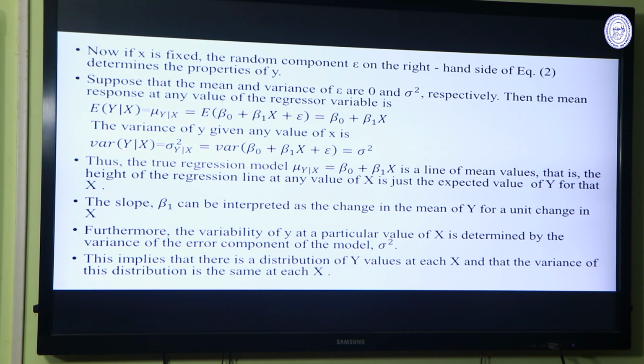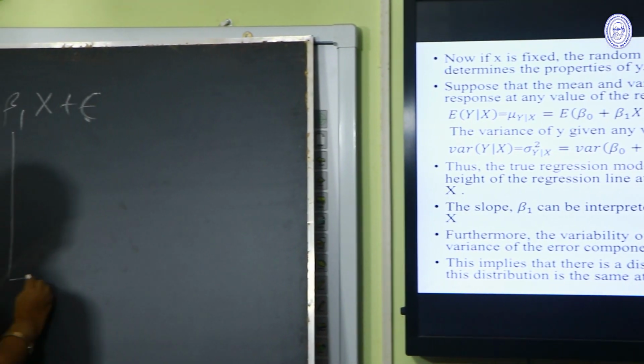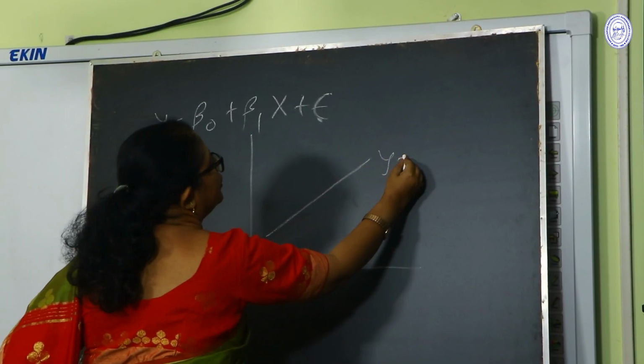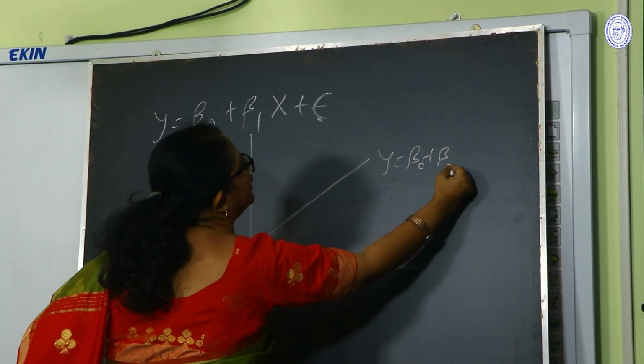So, in the true regression model, that means on the blue straight line, the equation will be mu y given x equal to beta 0 plus beta 1 x. This is the line where we only have the mean values. So, the height of the regression line for any value of x is just the expected value of y for that given x. That means, suppose we have constructed one regression line like this, y equal to beta 0 plus beta 1 x.